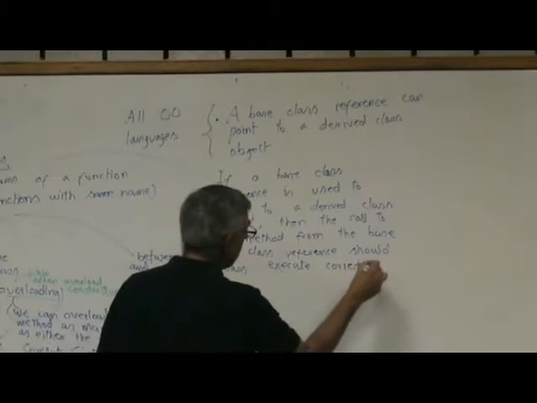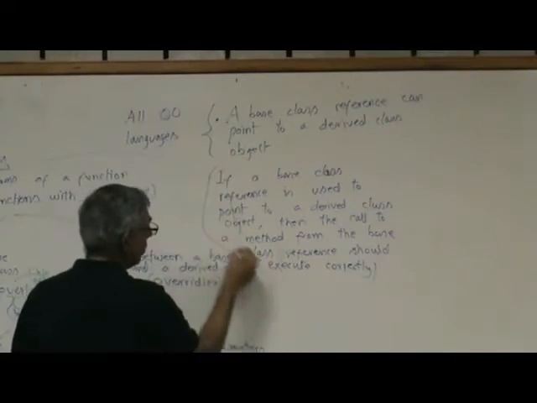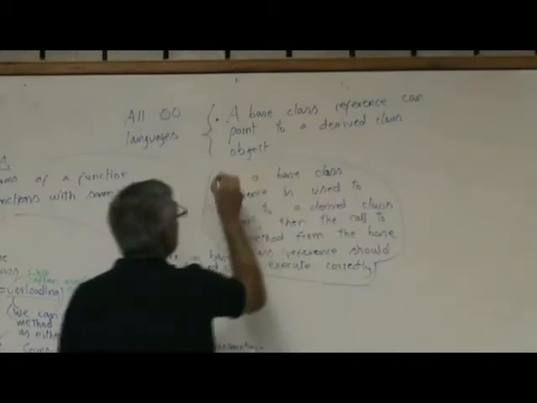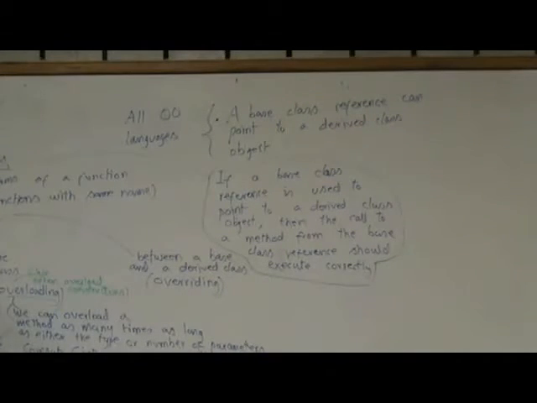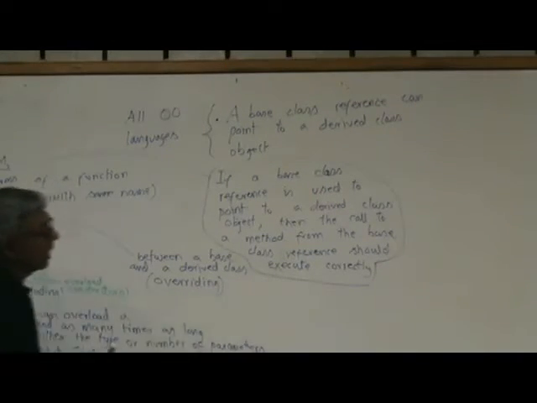So that's the goal of polymorphism. Okay, so what do we mean by correct execution?